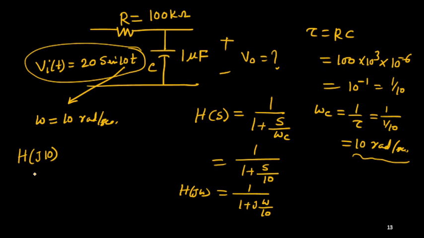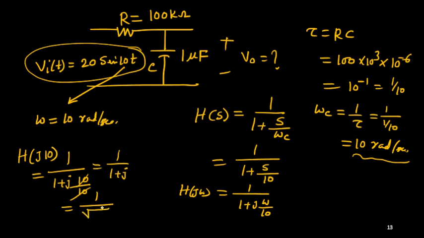So what is the magnitude? 1 over 1 plus j, this omega is 10, the cutoff is also 10, they cancel out, and you get 1 over 1 plus j.